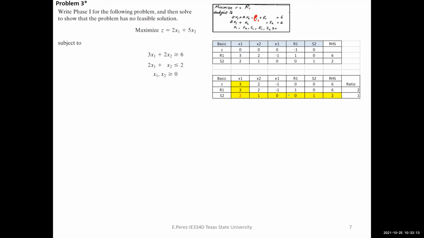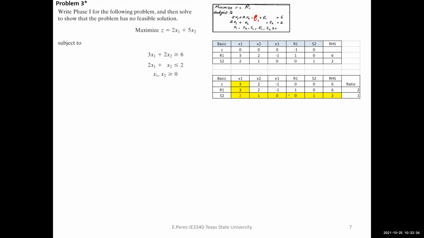So subtract the excess variable, add the artificial variable. You see the objective function is the minimization of just that artificial variable R, with the original constraints made equalities. So you subtract U1, you add S2. So this is your problem that you're going to solve using phase 1.